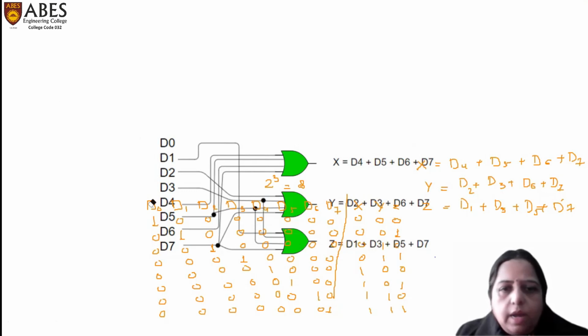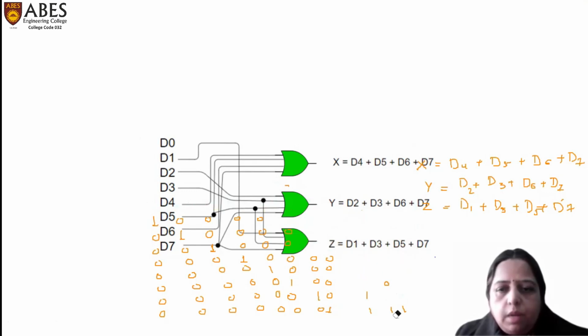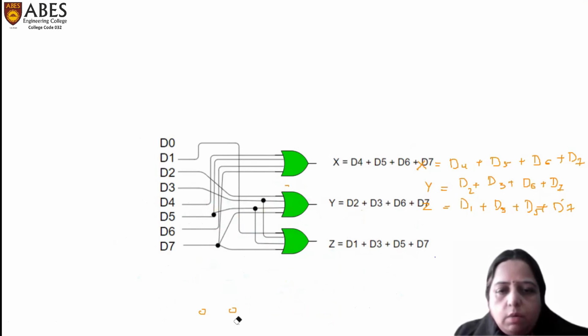In this logic diagram, we can see the values of X, Y, and Z, which we have already derived with the help of this truth table.